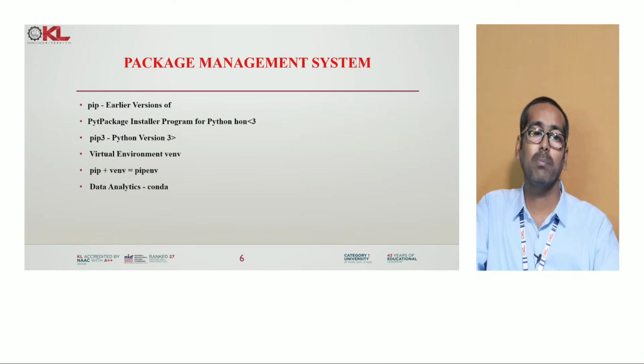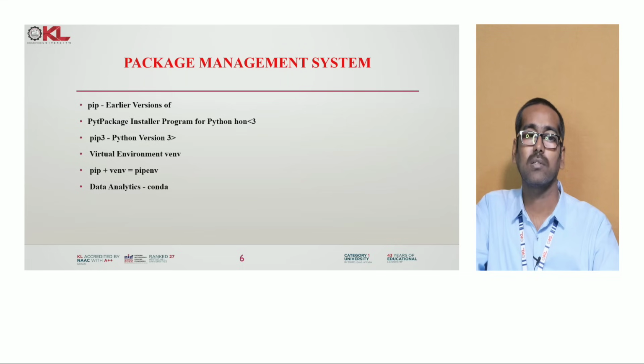Pip is a program which lets you install or uninstall such libraries in your application. For example, Django is not built in, so we run pip install Django, and it is installed automatically. We can use pip, pip3 or pipenv for these installations and uninstallations.